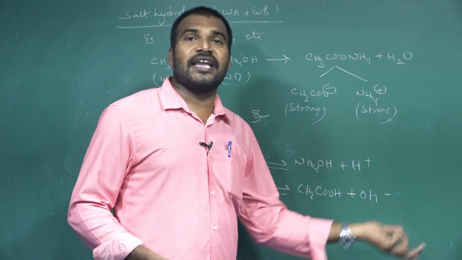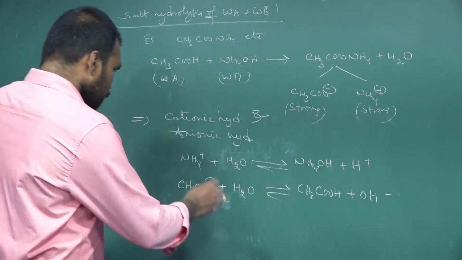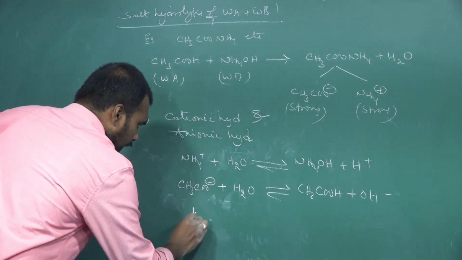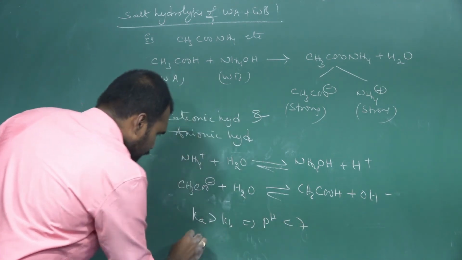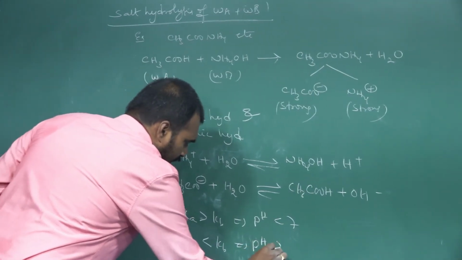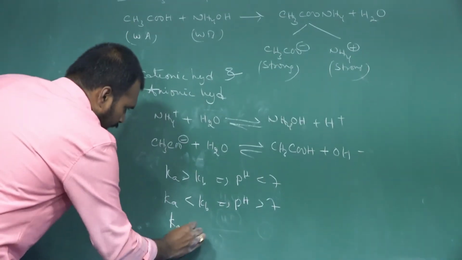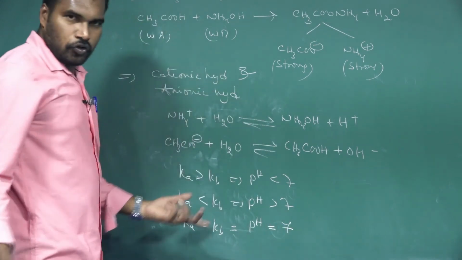It depends upon the Ka value of the acid and the Kb value of the base. So if Ka is greater than Kb, the pH value is less than 7. If Ka is less than Kb, then the pH value is greater than 7. If Ka is equal to Kb, then the pH value is equal to 7, neutral.